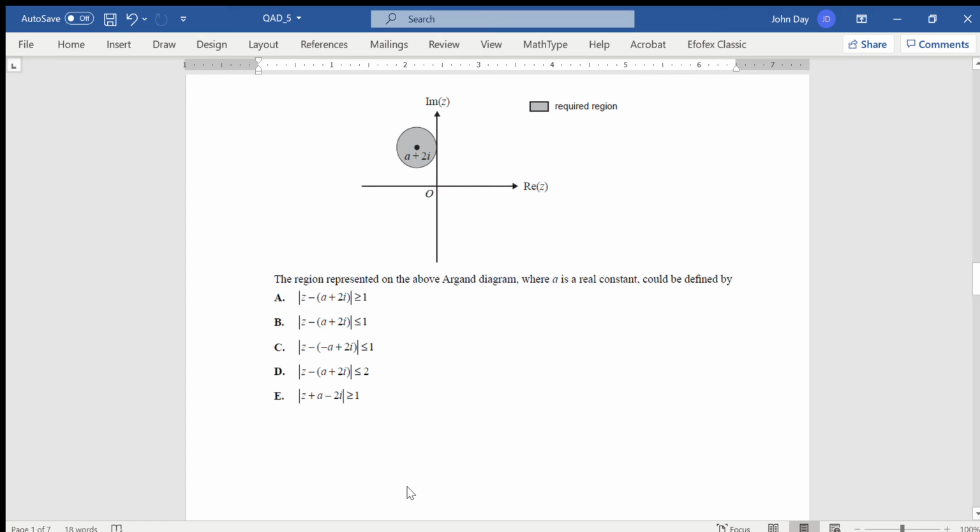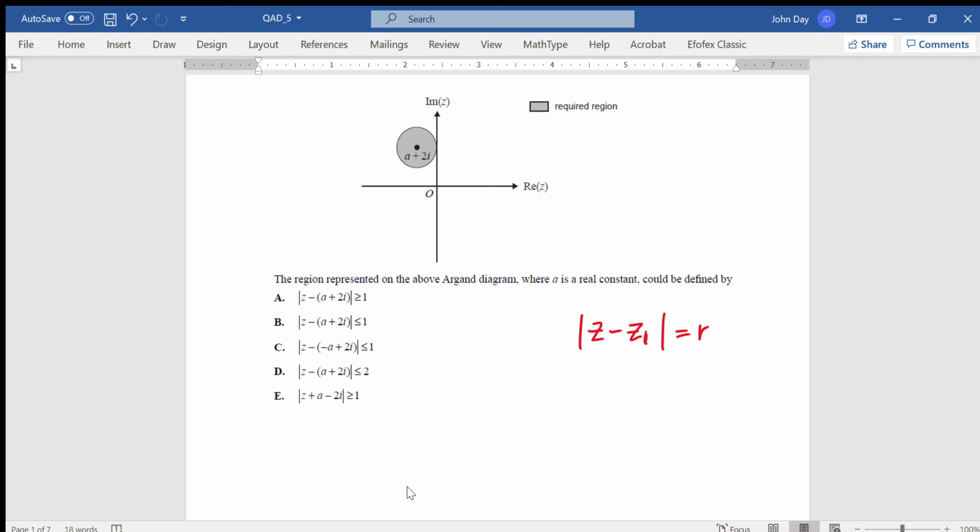All right, the region on the above Argand diagram where a is a real constant could be defined by what? Well, just generally, you'll have a circle if you've got z minus some vector, I'll call it z1, equals r. That's a circle.